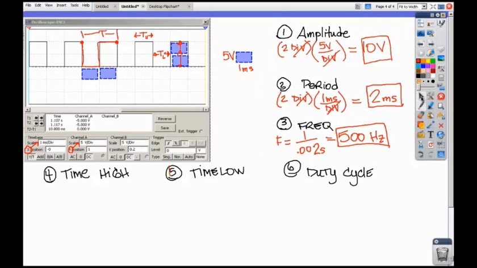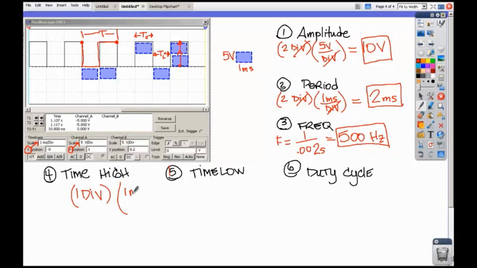The amount of time high is 1 box, and also the amount of time low happens to be 1 box. So I can quickly get to that because they'll both actually be the same calculation. So it's 1 division times 2 milliseconds. Wrong. Let's try that again.